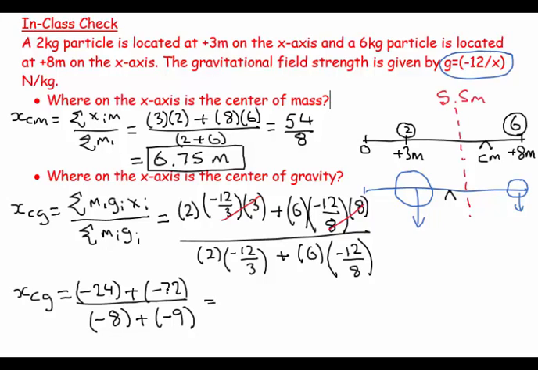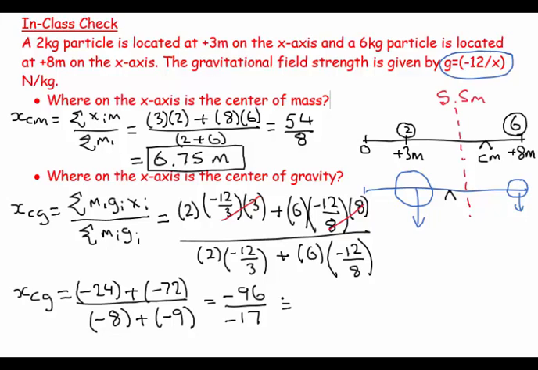Minus 72 added to minus 24 is going to be minus 96, over minus 8 plus minus 9, which is minus 17. So let's have a look.